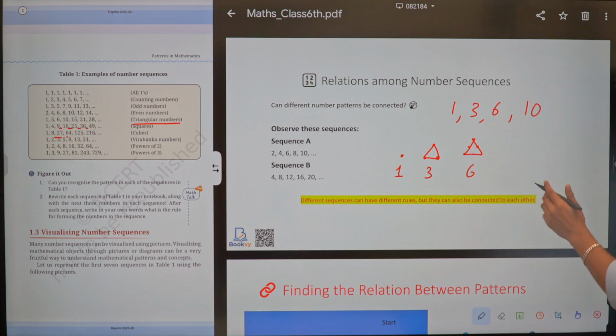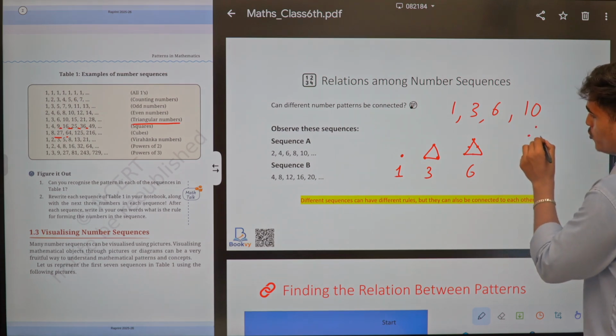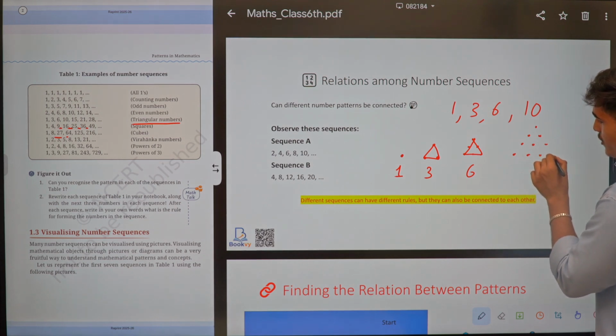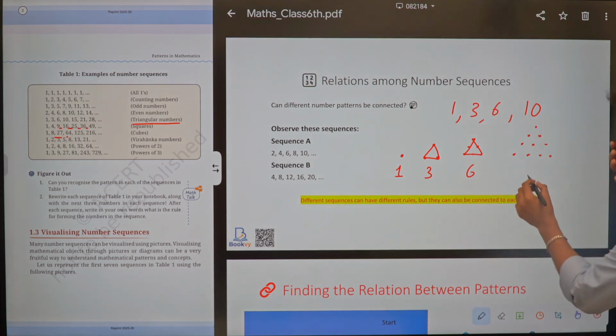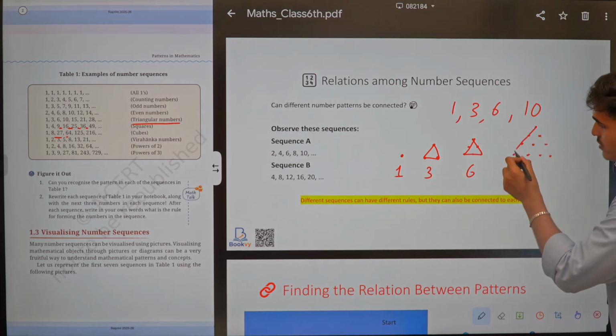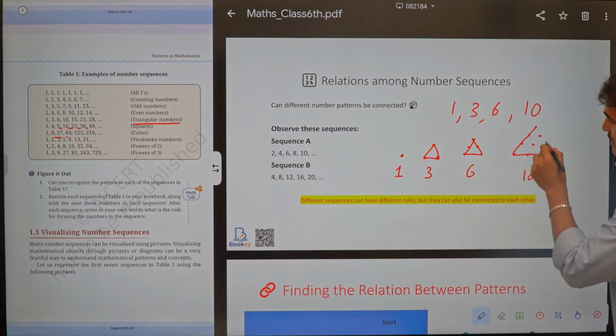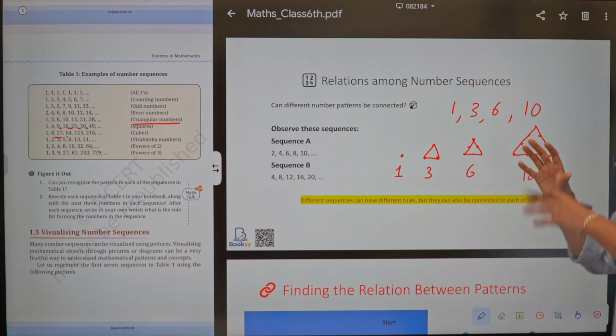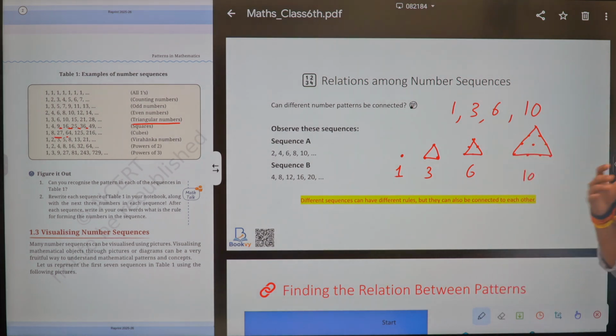Okay. We'll go with the 10. So 1, 2, 3, 4, 5, 6, 7, 8, 9, 10. So this is also looking like a triangle somehow, sir. How come? This middle one is looking separate, like the middle number looks alone to me.